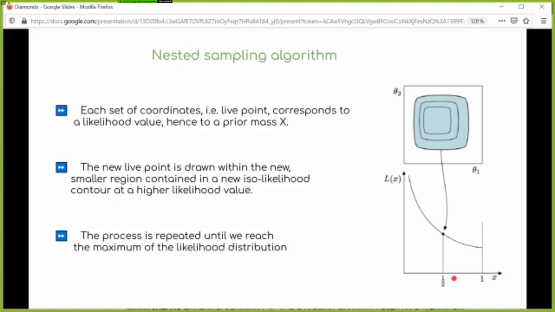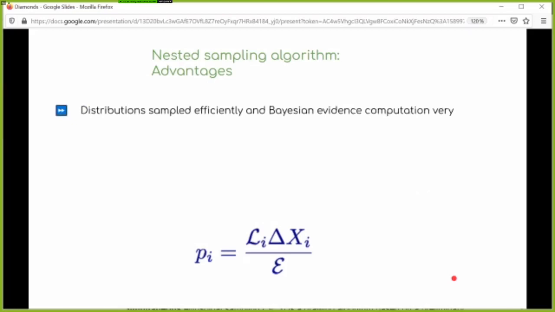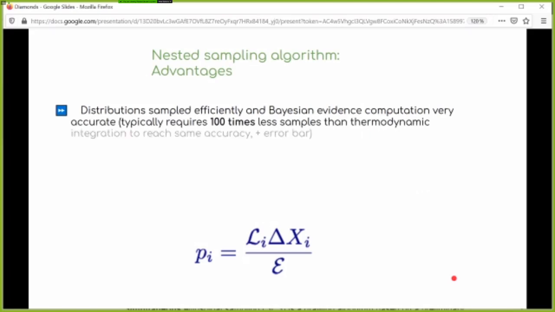Okay, so in a nutshell, what are the advantages of the nested sampling algorithm? Well, distributions are sampled efficiently, and Bayesian evidence computation is very accurate. Typically, it requires about 100 times fewer samples than the thermodynamic integration tools to reach the same accuracy, plus the error bars.